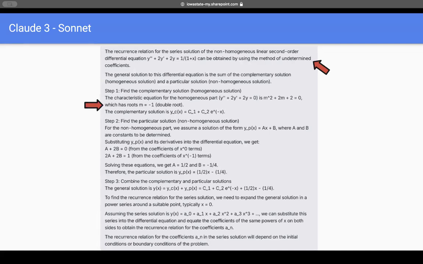So down here in step one, it's going about trying to solve it using the undetermined coefficients. So it says we're going to find the homogeneous solution, and it uses method of characteristics here. But when it's solving for the roots of the characteristic equation, it comes up with -1 being a double root, which is not the case.